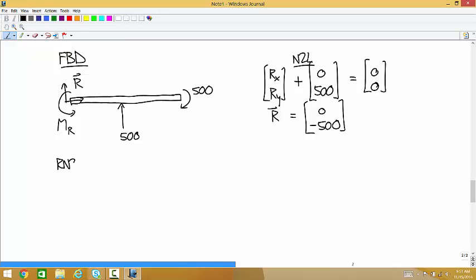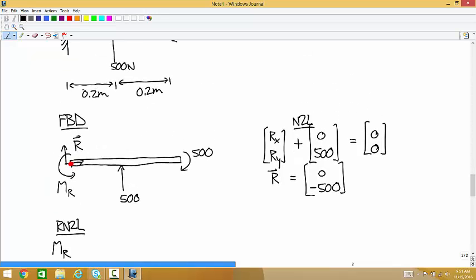And then the moment equation, I'm going to use this as the about point. What's the moment produced by R? 0. Right? What's the moment produced by MR? That's not 0, because that can be tricky. It's MR. Those couples you just add on. So MR. What's the moment produced by the 500? Well, let's say, what's the moment arm? 0.2.